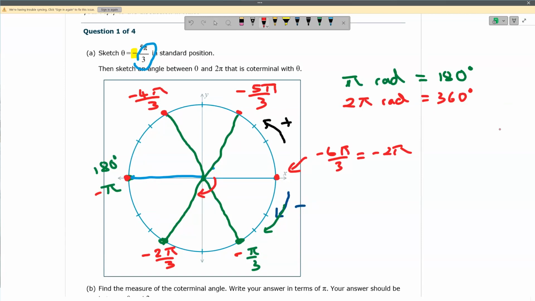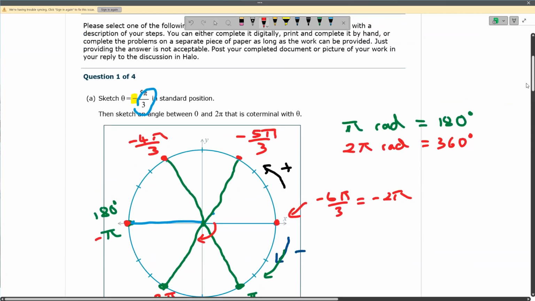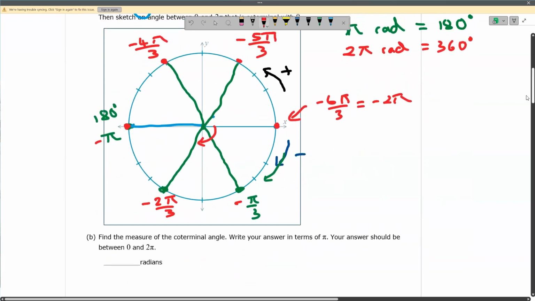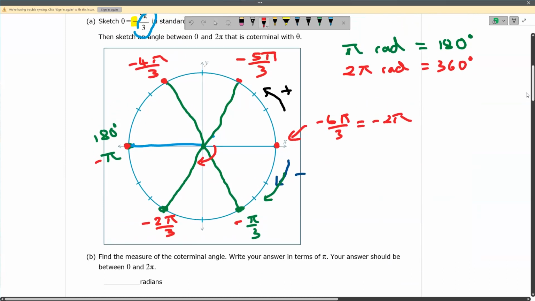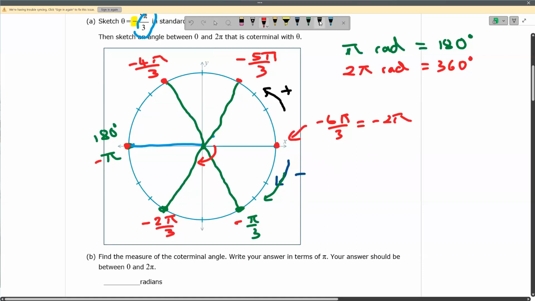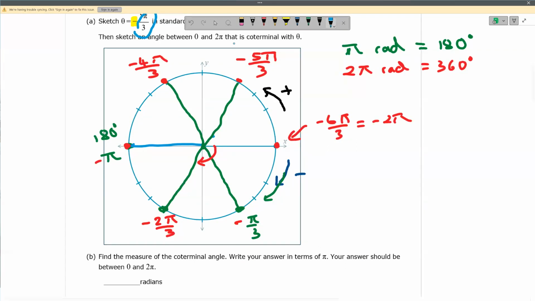Now, the second part is we were asked to find the measure of the coterminal angles. So what are coterminal angles? Coterminal angles are angles that share the same terminal side, and they differ by 360 degrees. So for example, if you are thinking, where is negative 5 pi over 3?